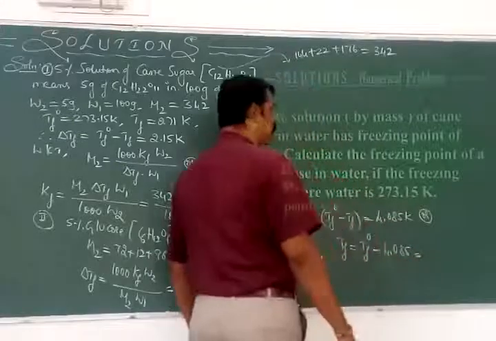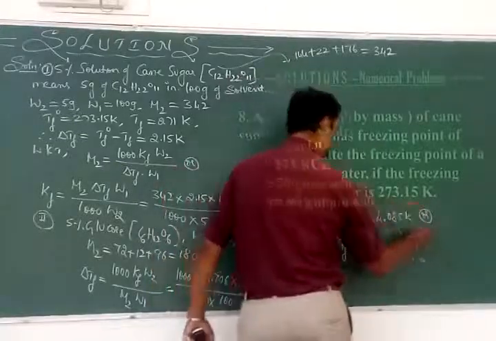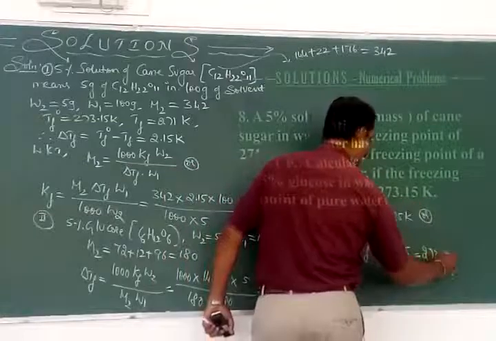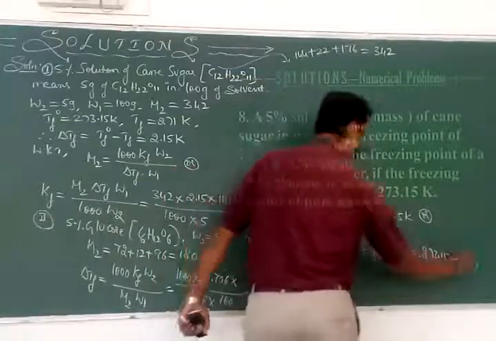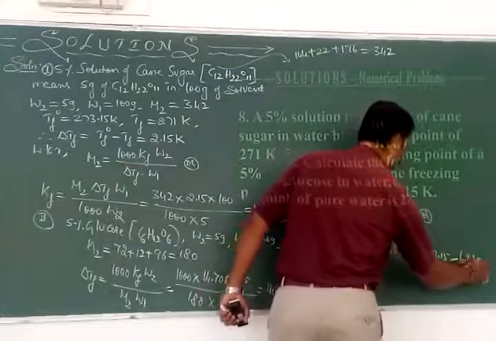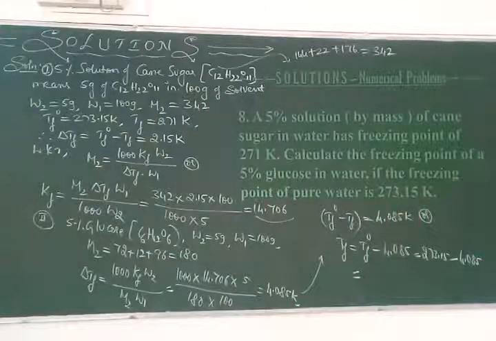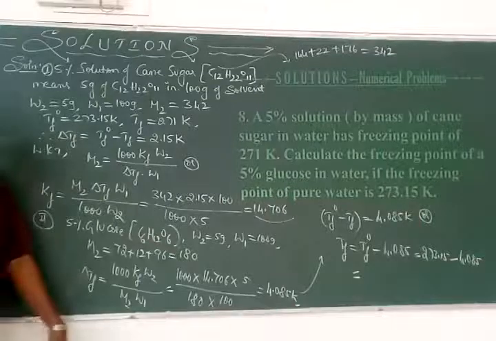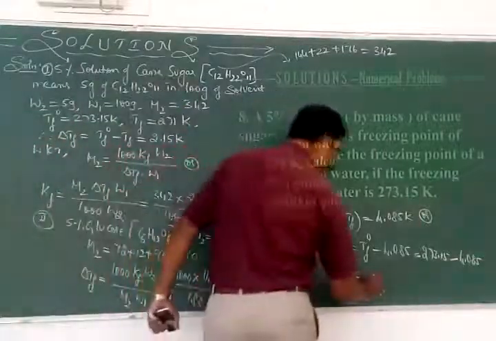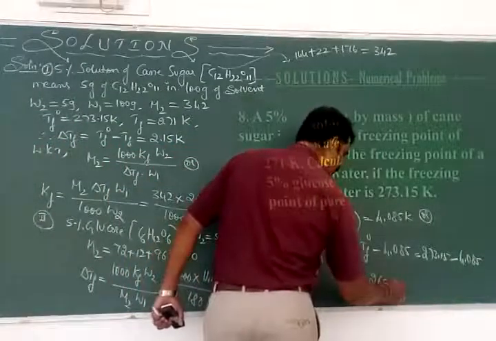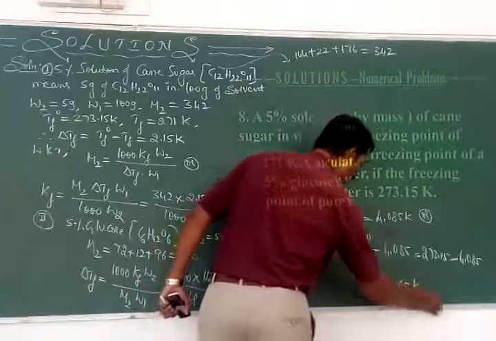Tf naught is 273.15 minus 4.085. Upon simplification, I will get Tf as 269.065 Kelvin.